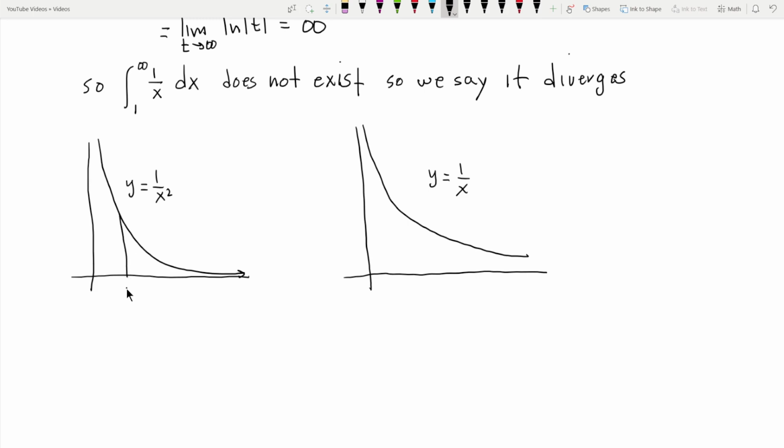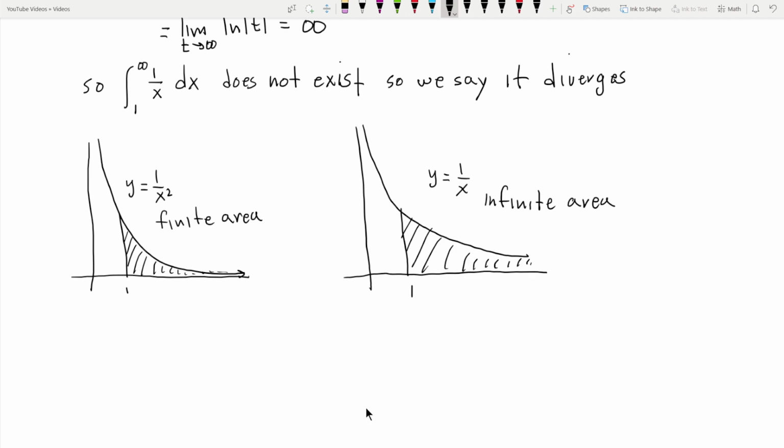So here's 1. Here's 1. This one has a finite area. Right, this area, so I let that go out, is finite. This one has an infinite area. Right? This one, this area in here is infinite.